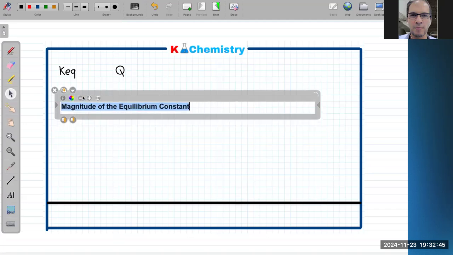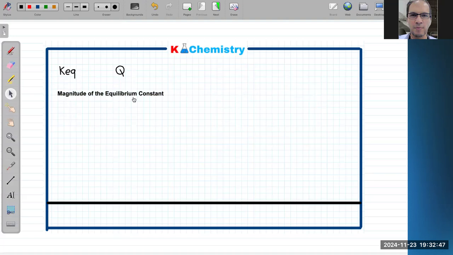We know from last time that the equilibrium constant is found by the relationship between the products and reactants. Either we can say Kc is equal to the concentration of the products divided by the concentration of reactants, and every one of these is raised to the power of its coefficient.